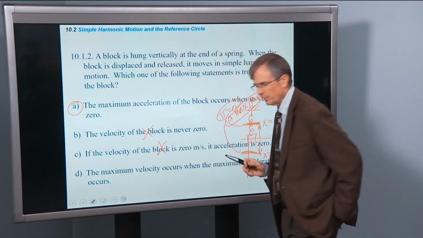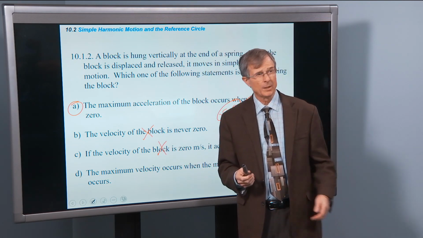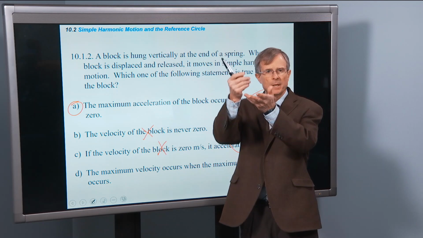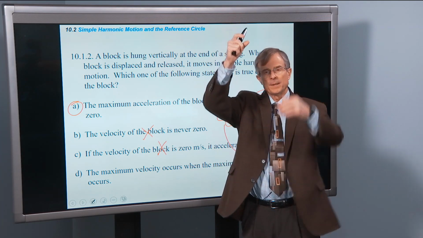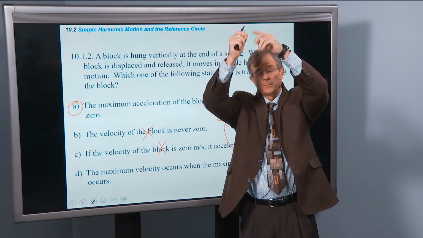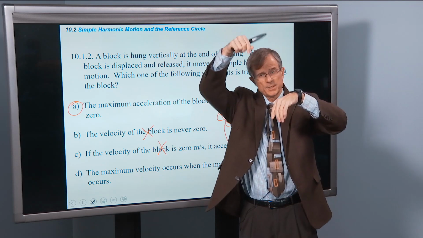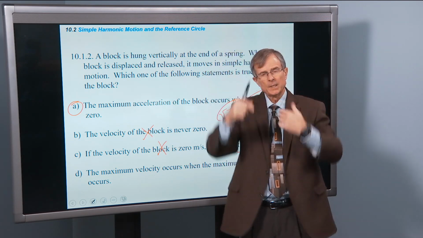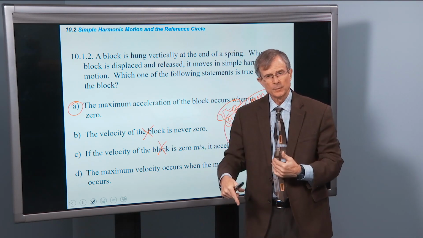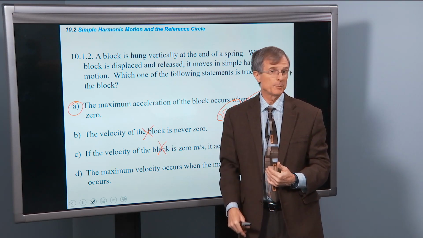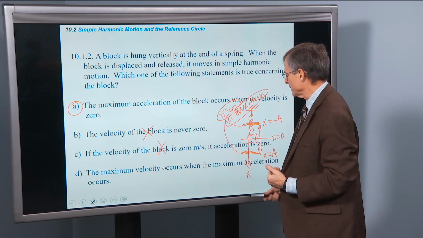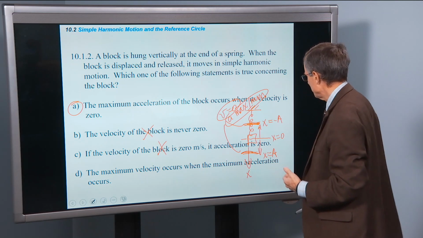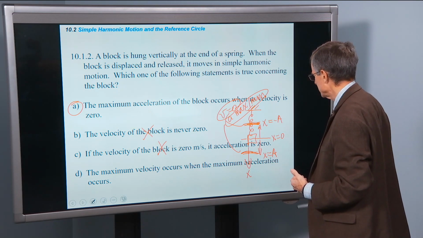So it's kind of like the case that we talked about a lot in Chapter 3, where you throw a ball into the air, and at the peak, its velocity is 0, but its acceleration is not 0 because it has gravity pulling it down. In this case, we have the spring trying to bring it back to its equilibrium position. The maximum velocity occurs when the maximum acceleration occurs.